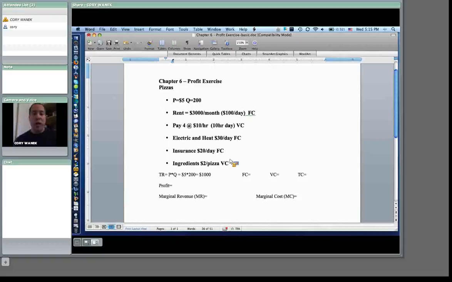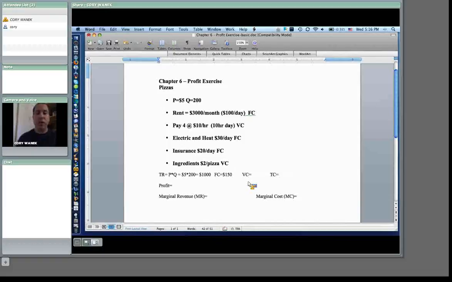So if we add up our fixed costs, the rent, electricity, insurance, and we're going to do our calculations here as a per day thing, our fixed costs will be $150.